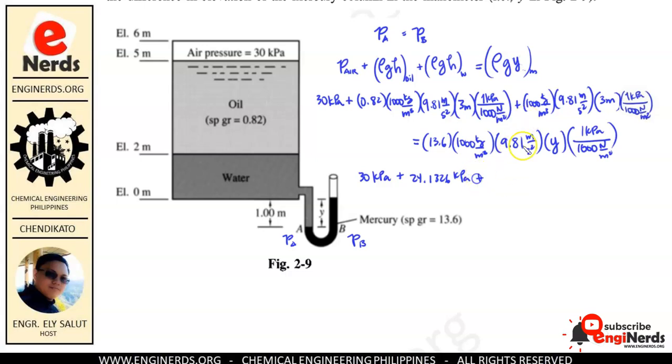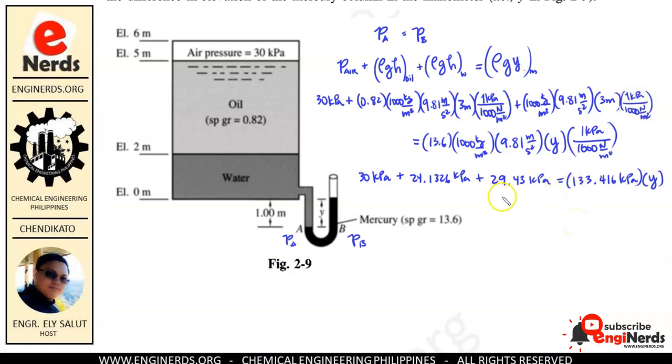Then plus 1,000 times 9.81 times 3, and this is equal to 29.43 kilopascal. This is equal to 13.6 times 1,000 times 9.81 divided by 1,000. This is equal to 133.416 kilopascal times Y. Okay, so yan ang hinahanap natin, ang ating Y.